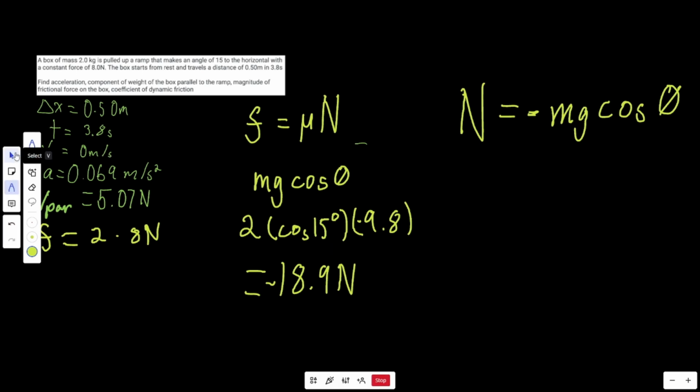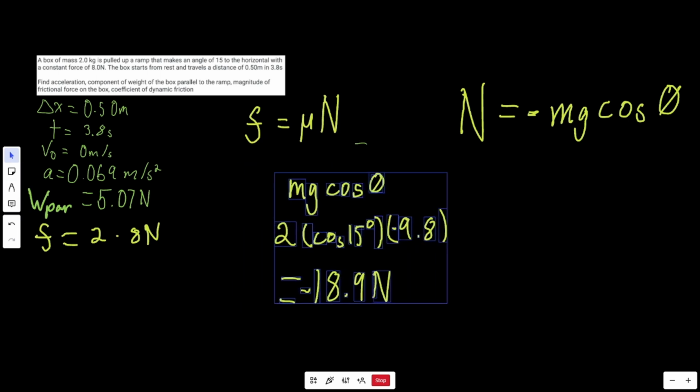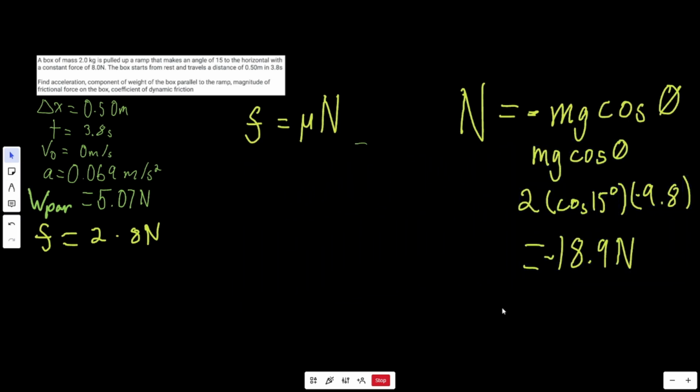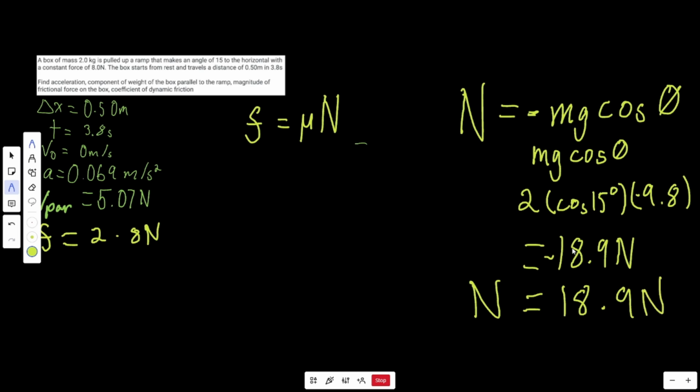So let's put this here on the side. And there, 18.9 newtons. So if we plug in our values, we're going to get 2.8 is equal to the coefficient of dynamic friction times 18.9.